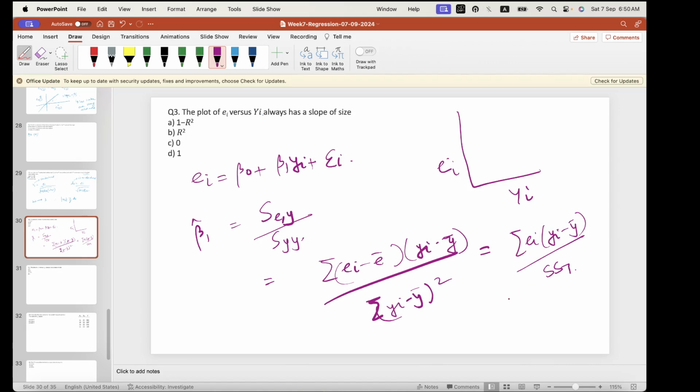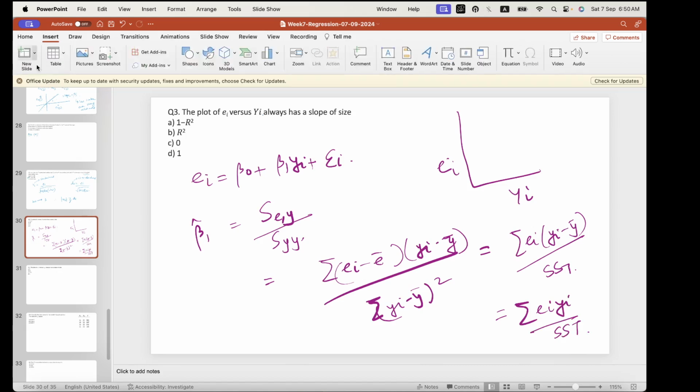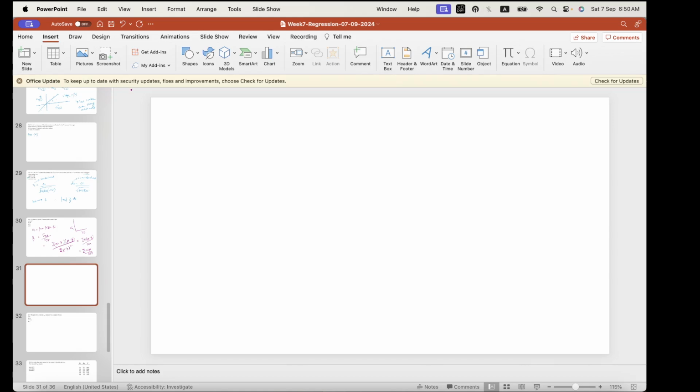So this actually becomes summation Ei Yi by SST. Alright, so then we can write this as Y transpose E by SST, because summation Yi Ei can be written as Y transpose E. Now E can be written as I minus H times Y, so it is Y transpose I minus H Y by SST.